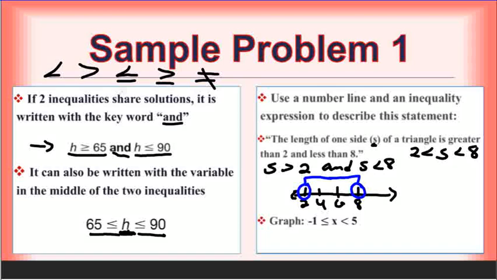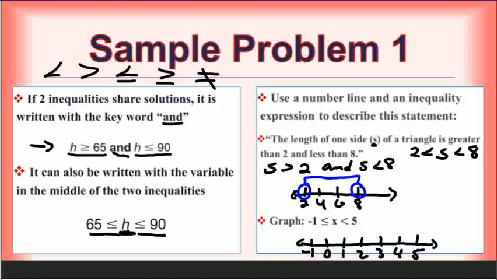And the last one here, we have x is less than 5, but it's greater than or equal to -1. So on our number line, we're going to go from -1 to 5. And now we plot our circles.